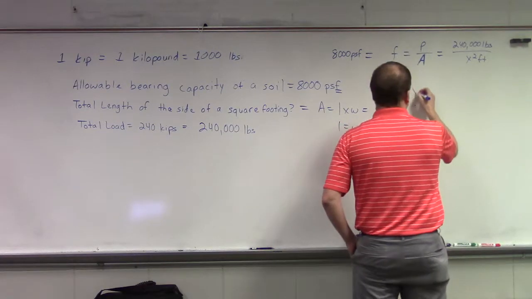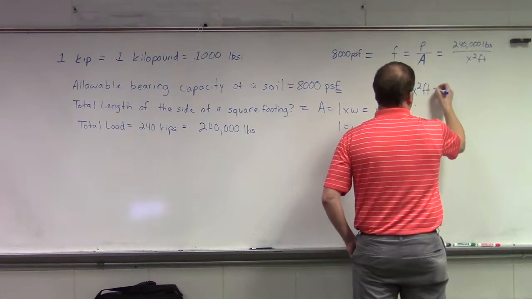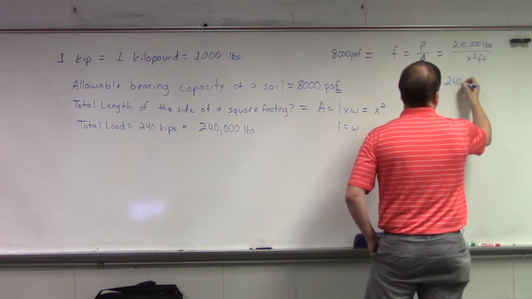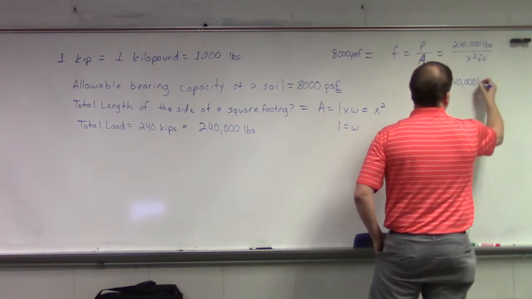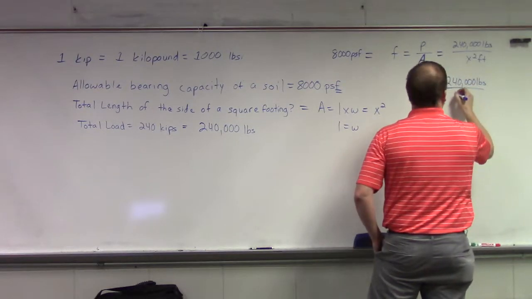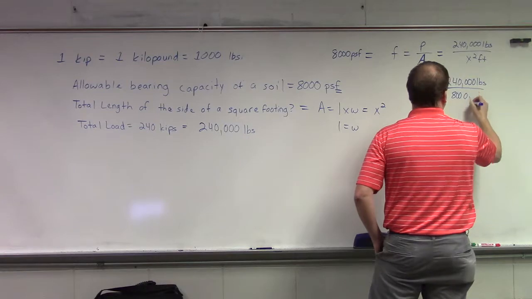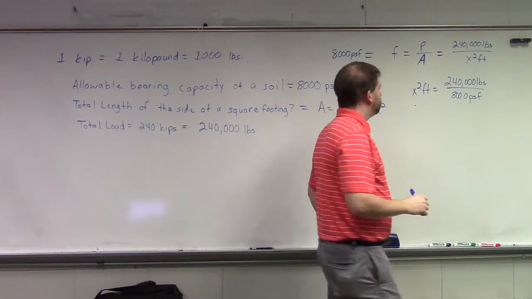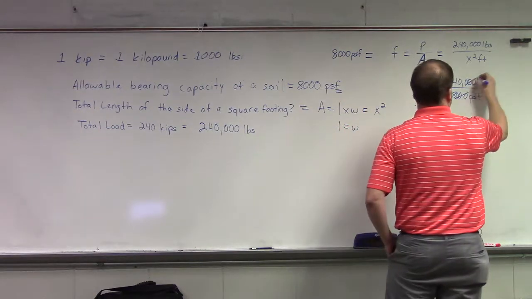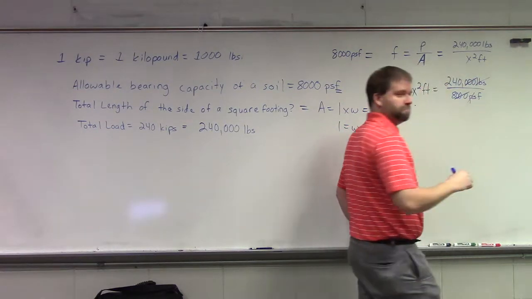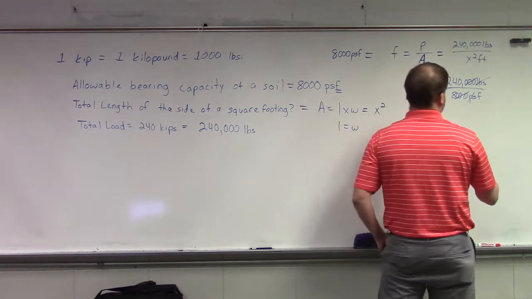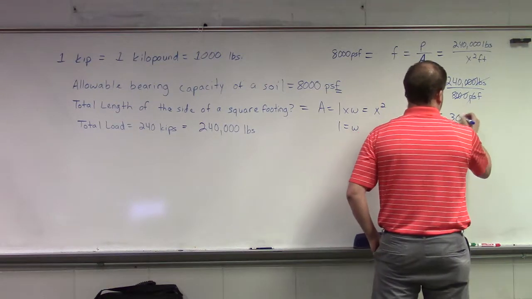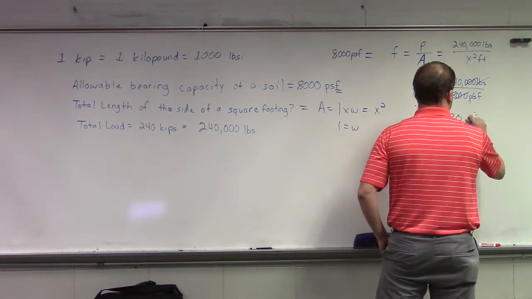Okay, so rewrite it: x squared feet equals 240,000 pounds divided by 8,000 pounds per square foot. That will take care of the pounds. Those will cancel, correct? Which leaves us with 30 square feet, and then we square root that.